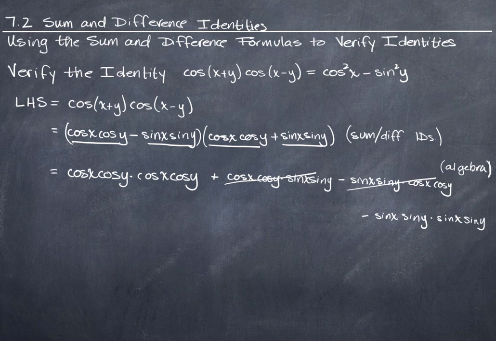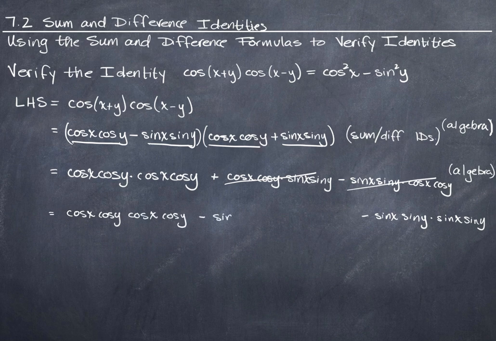I'm going to put this algebra up here for this line, and make a note that we used algebra here as well to cancel these two terms. Algebra. Now, what's left is cosine x, cosine y, cosine x, cosine y, minus sine x, sine y, sine x, sine y.